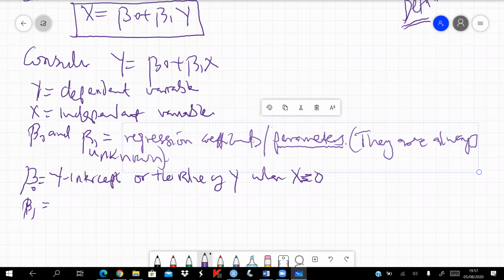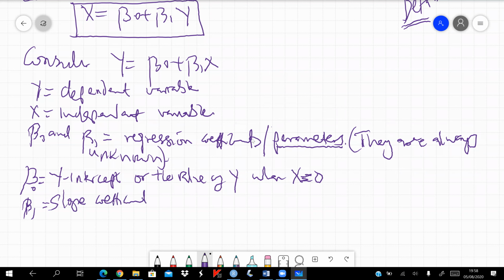I'll give more details later. The slope coefficient. So this tells us the gradient of the line, the gradient of the regression equation of the line itself. We'll be looking at it in detail later.